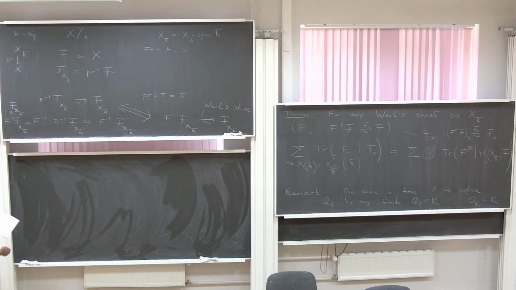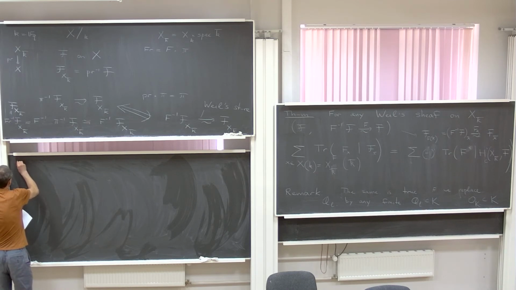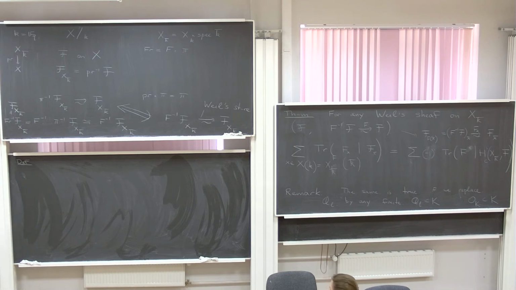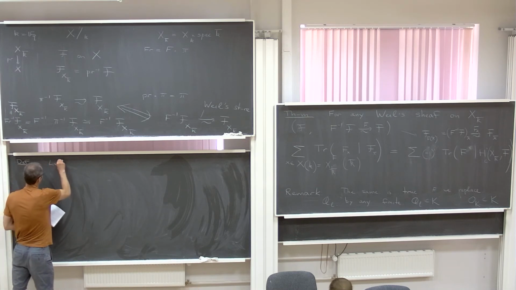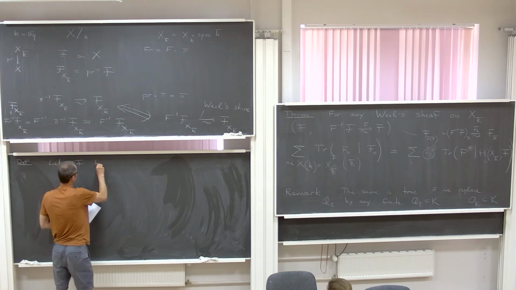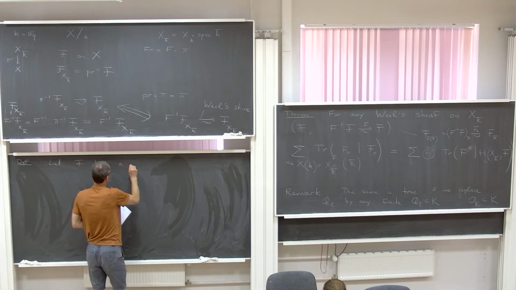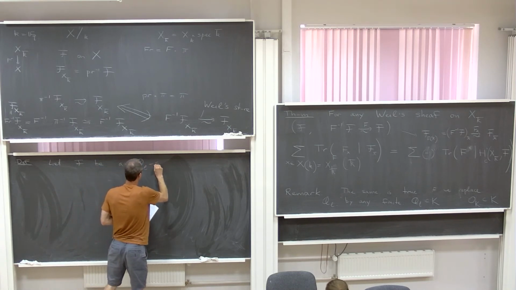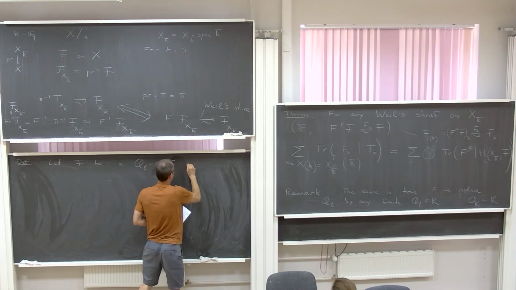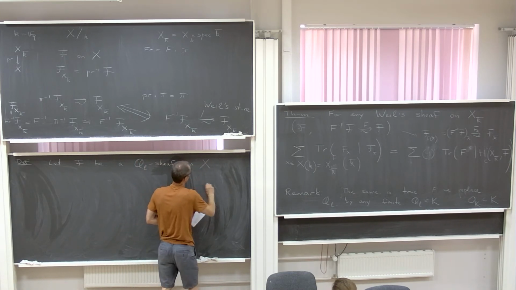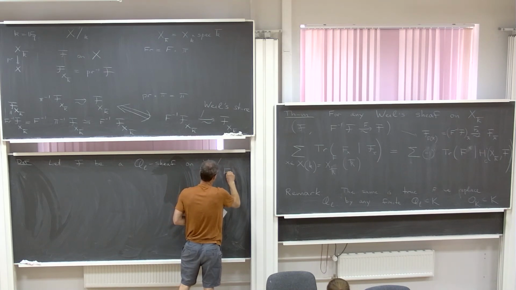So, L functions. An L function is a generalization of the zeta function of a variety. Let F be a QL sheaf on X, which is of finite type over Fq.